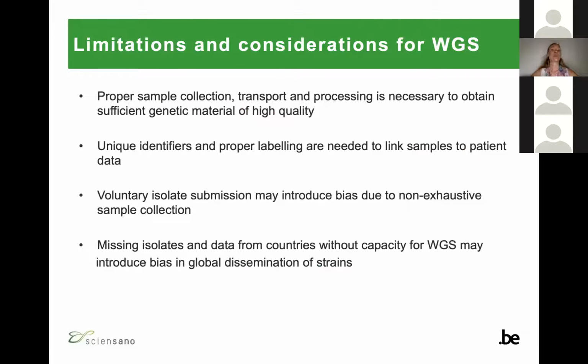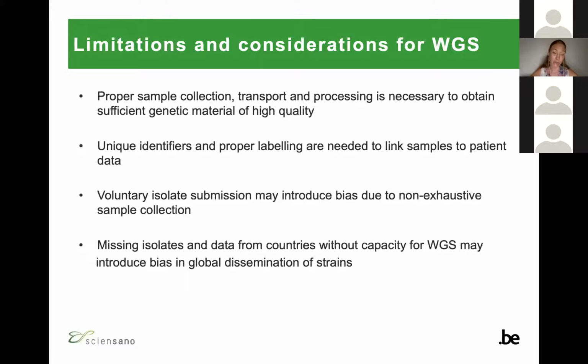Last but not least, I want to point out some limitations and considerations. Of course, the proper sample collection, transport, and processing is important and necessary to obtain sufficient genetic material of a high quality to obtain good data. Furthermore, it's important to label and properly identify your samples with unique identifiers so that they can be linked to patient information later.